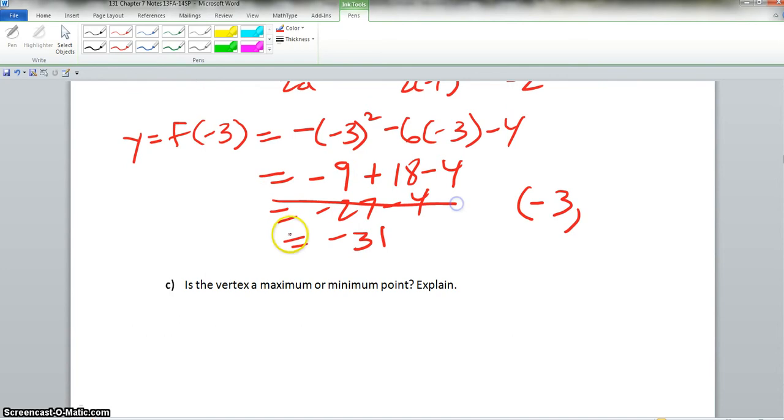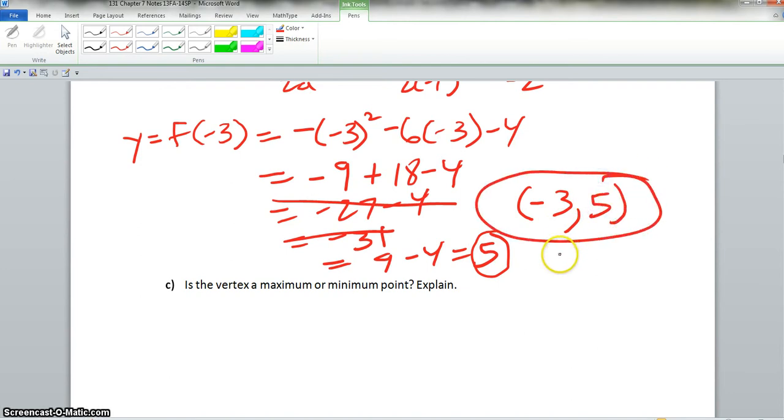So I need to change this. So we had negative 9 plus 18, which is positive 9, minus 4, which is 5. So this answer should be 5. So we will have negative 3 for x and positive 5 for y. And that is the final answer for this point here.